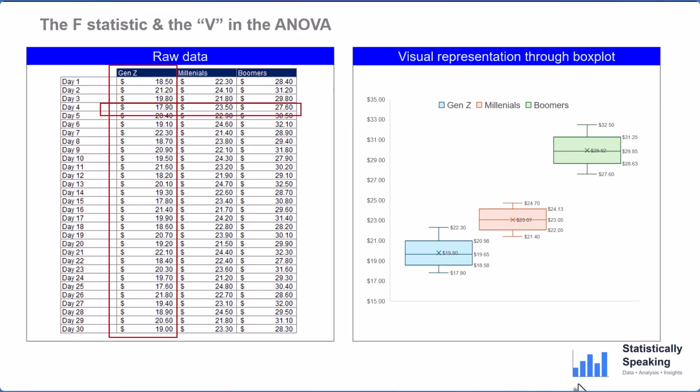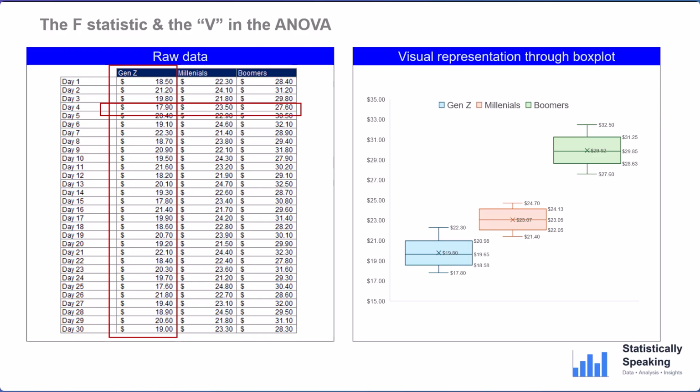Now, think of it like this. There are three groups here: Gen Zs, millennials, and boomers. There is within group variation. So in Gen Z, you have spending as low as 18.5 and as high as 22.3. So this represents variation within this group. And then we also have between group variation.